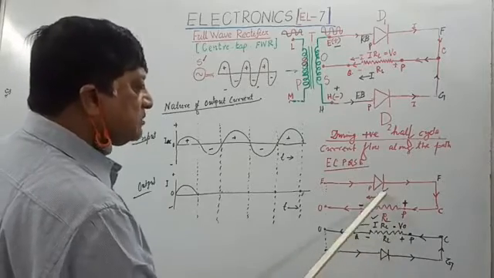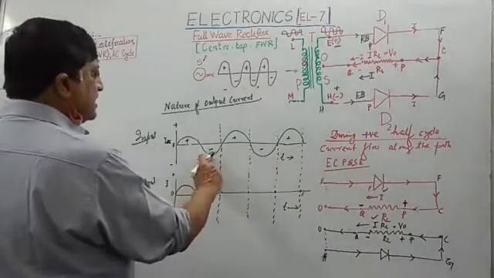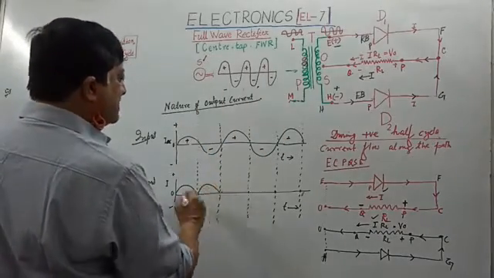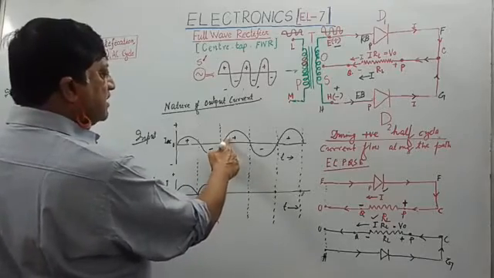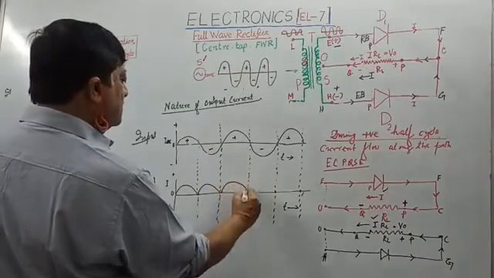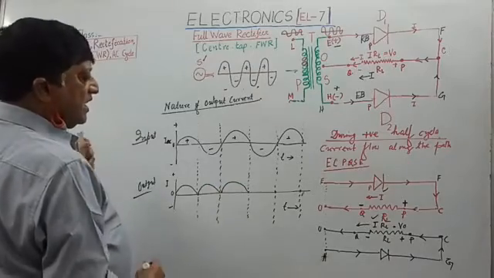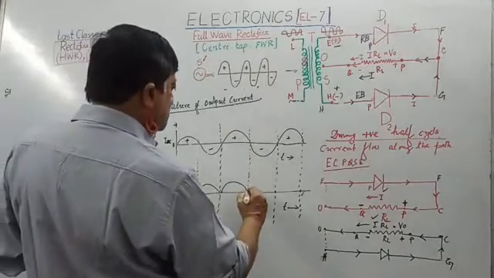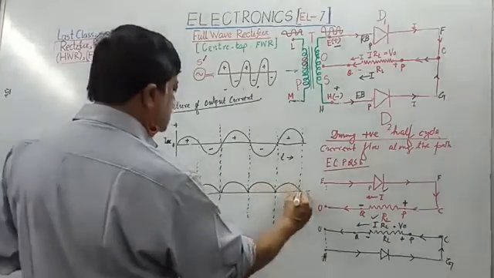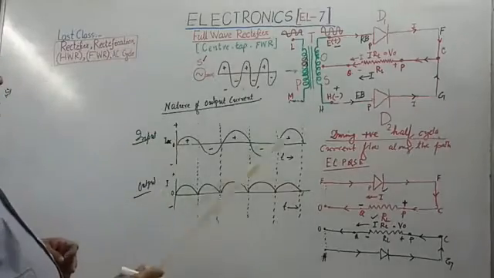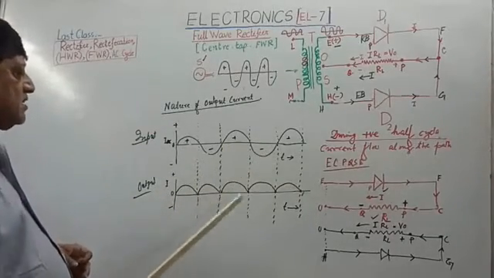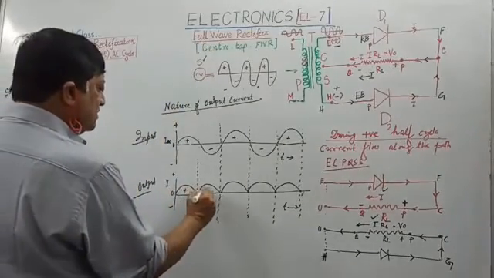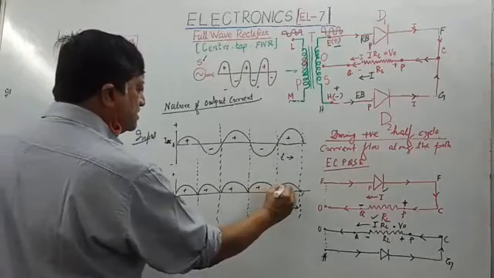So this negative half cycle, you can say, is converted into a positive half cycle. Then next half cycle, the same thing will be repeated. So you get a positive half cycle and like this. So here was a chain of positive negative half cycles, but here you get all positive half cycles. So this is positive, this is positive, this is positive, this is positive.